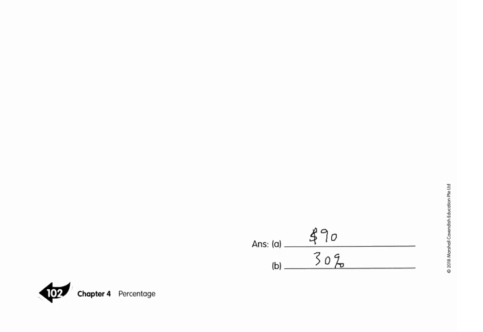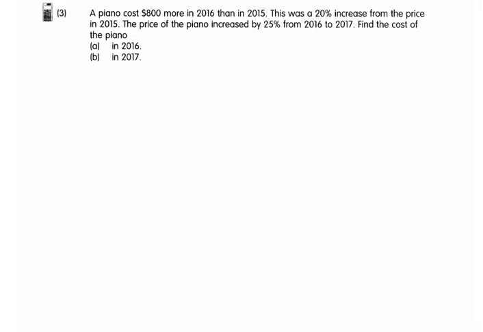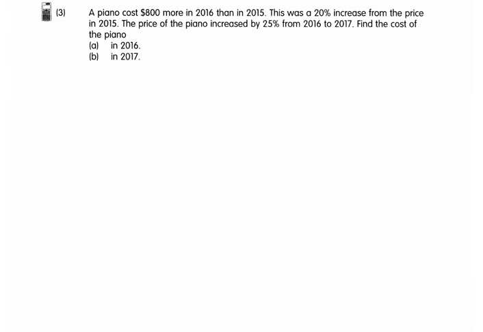Okay, next question. Okay, a piano costs $800 more in 2016 than in 2015. $800 more. Remember, it's more. This was a 20% increase from the price in 2015.